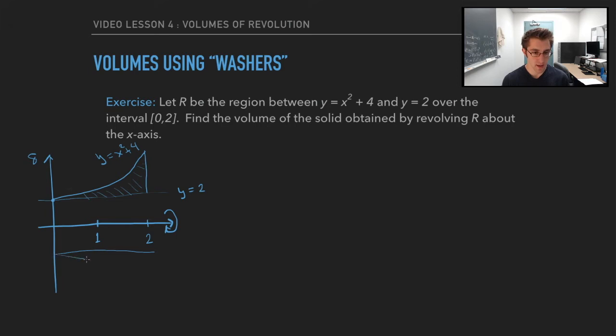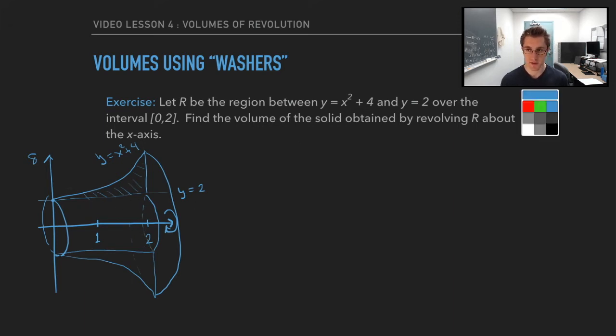The way I draw these, you've noticed, is I draw the region where it is in the first quadrant, and then I draw its mirror image in the fourth quadrant. This helps me get a sense for what the solid looks like, because then I draw these circles, which help me visualize the object. If it doesn't do anything for you, then maybe don't draw these extra circles if it makes the picture too busy and confusing.